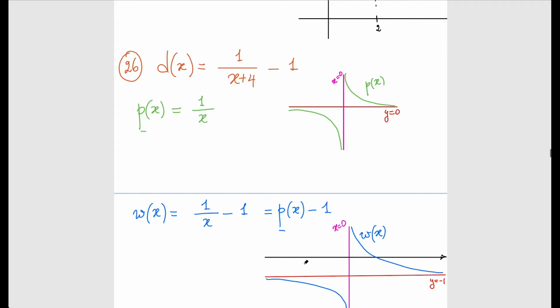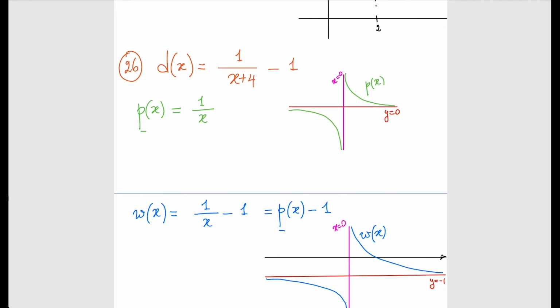Now I'm one step away from the final function, which is the d function. I know how to graph w. The only difference between w and d is that +4, right? This is the recipe of w. The only difference between w and d is that I have a +4 here, correct? All right, so I would like an algebraic relationship between d and w.